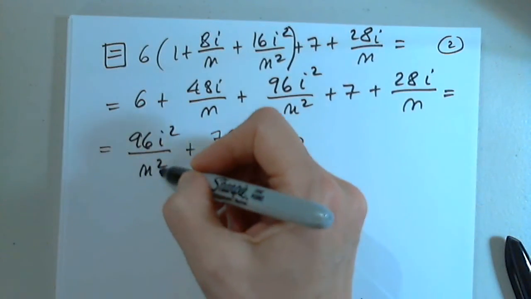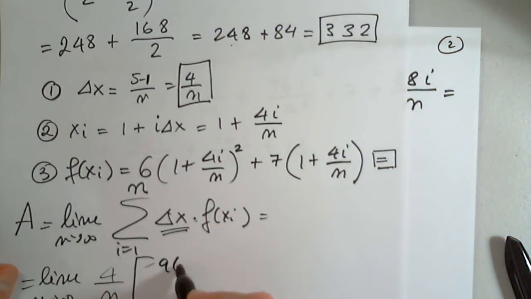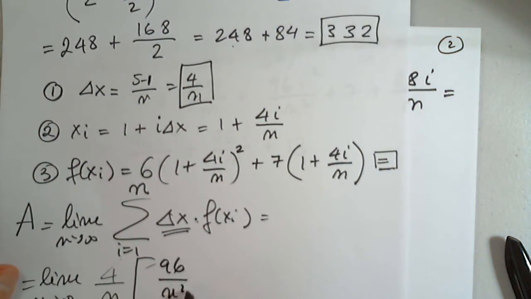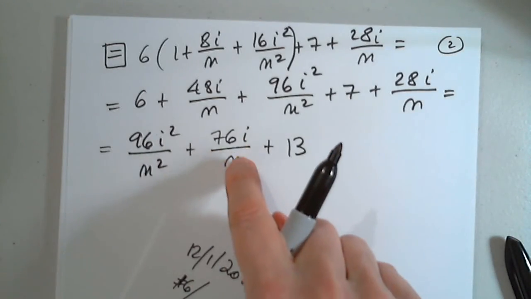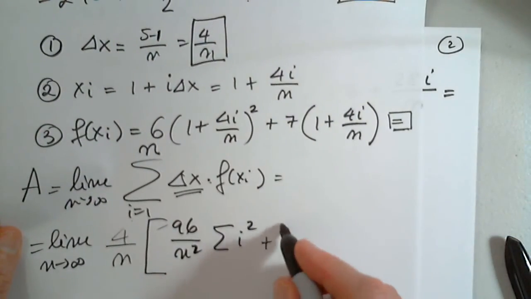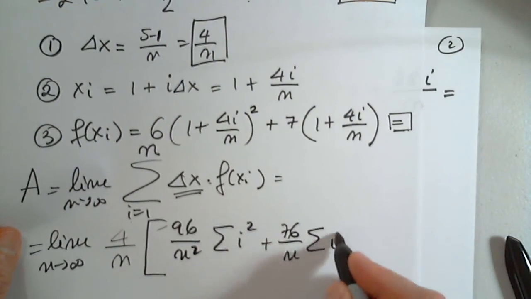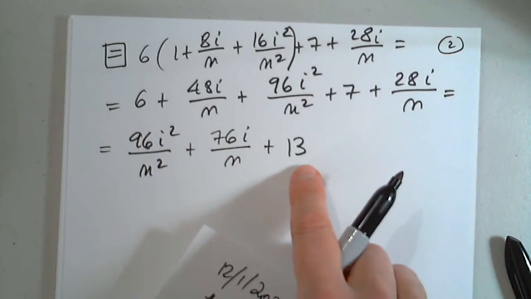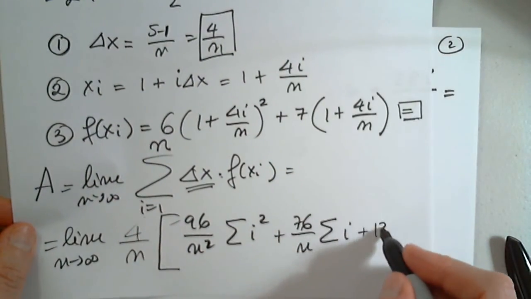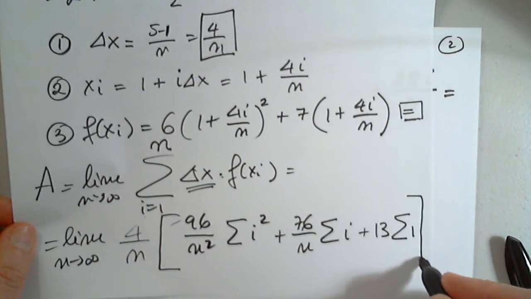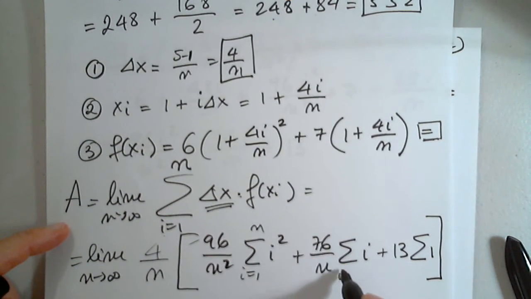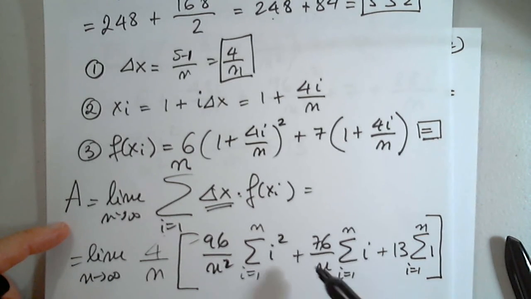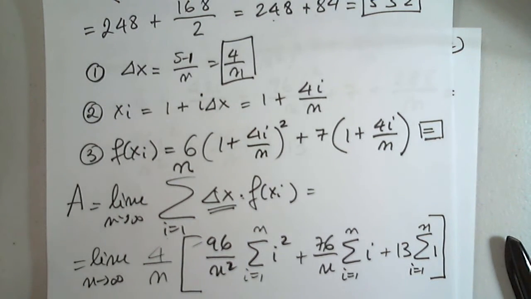Put this number in front, 96 over n squared times the sum of i squared plus 76 over n times the sum of i plus 13, the sum of 1. Yes, of course they are from 1 to n. It's not correct not to write the limits and the index.